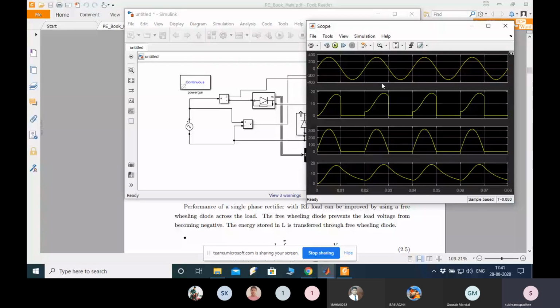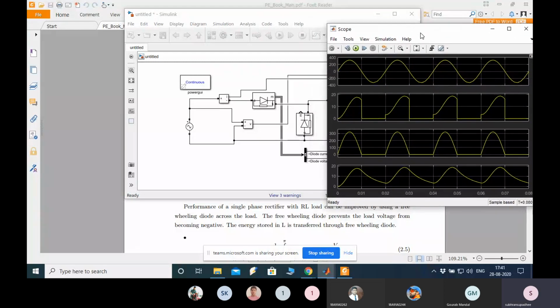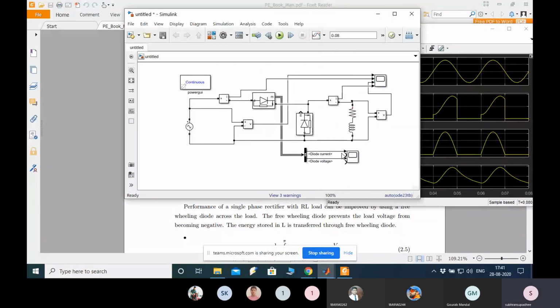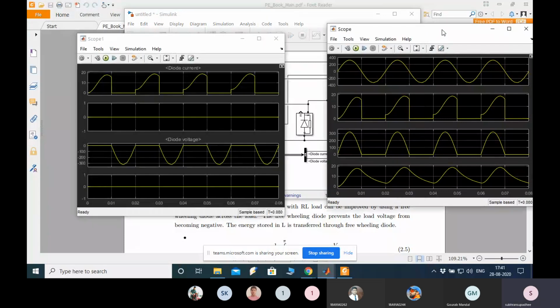The negative portion of the rectifier output has been curtailed because of the freewheeling diode. And here also you can see the diode voltage, diode current. See the same diode voltage as well as diode current.